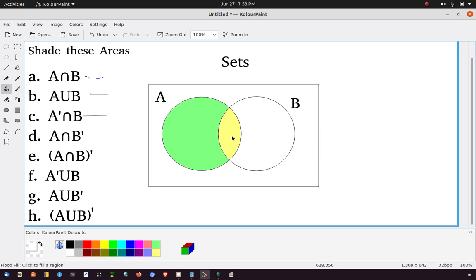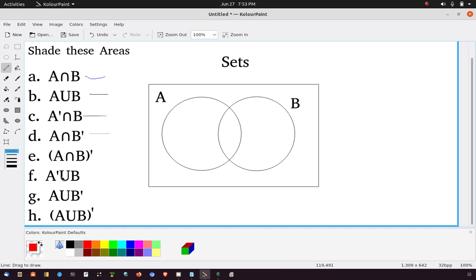This here is not in B complement. So what you have is this area outside here. It is in A, and it is also in B complement. And it's the only area that is in A and B complement at the same time. Good.